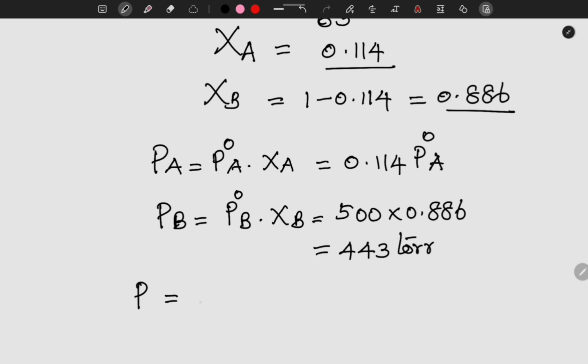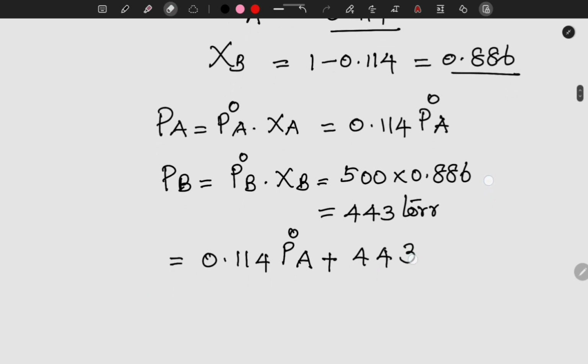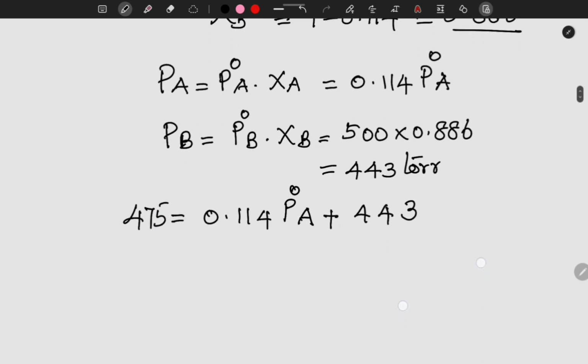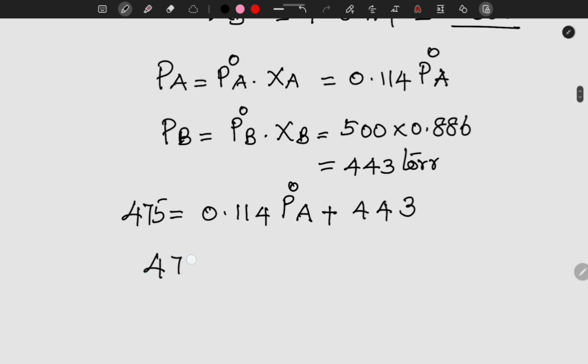Now we know P is equal to PA plus PB. So PA is equal to 0.114 P0A, and P0B chi B is 443. The total pressure is given in the question as 475. So we can substitute that: 475 minus 443 is equal to 0.114 P0A.